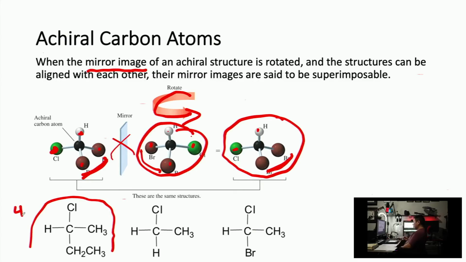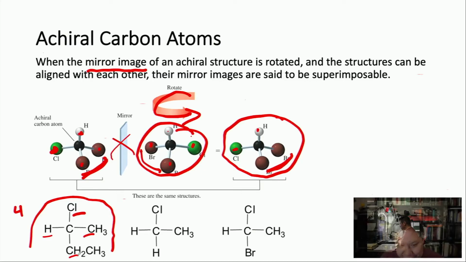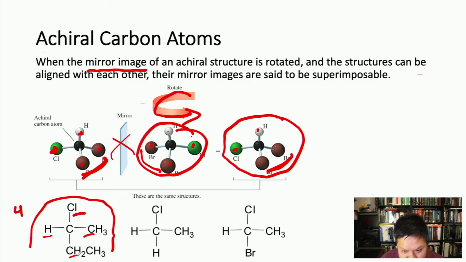One of the first things you have to remember is that to be chiral, you have to have 4 different groups. And so these are 4 different groups. If you were to see a mirror image of it, would it be chiral or achiral? Well, it would be chiral.